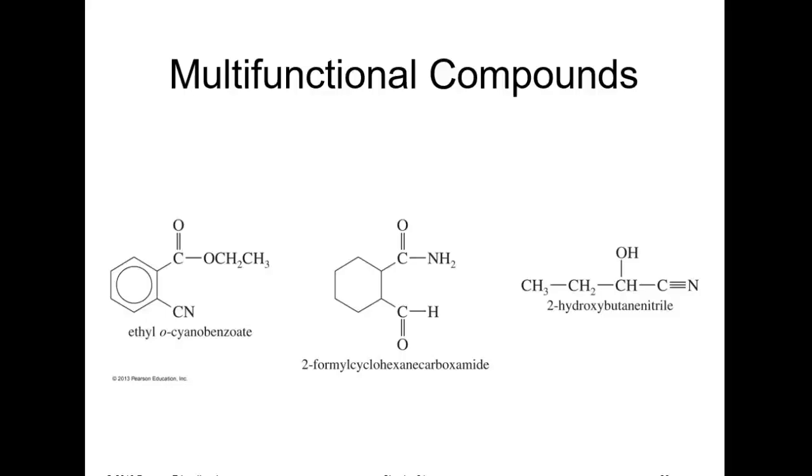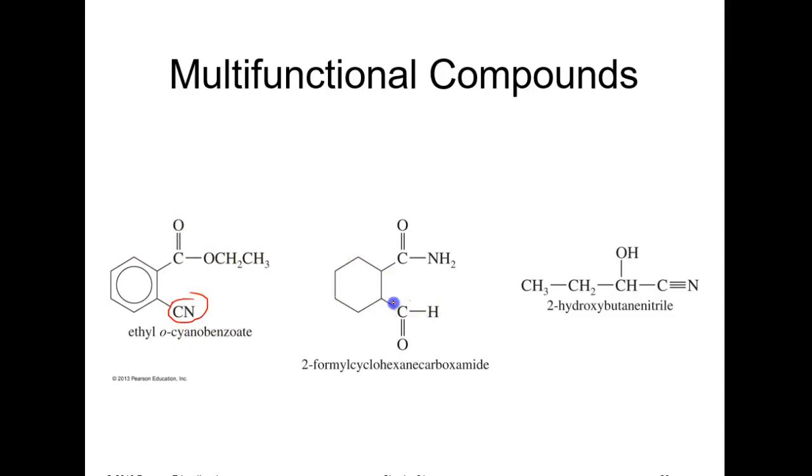When you have mixed groups, multifunctional groups, there are certain preferences. Usually the most oxidized compound is going to get the priority. Remember, oxidized means most oxygens or least amount of hydrogens. Also if it's easy to name, like that's not an easy group to name, but that's a cyano group.